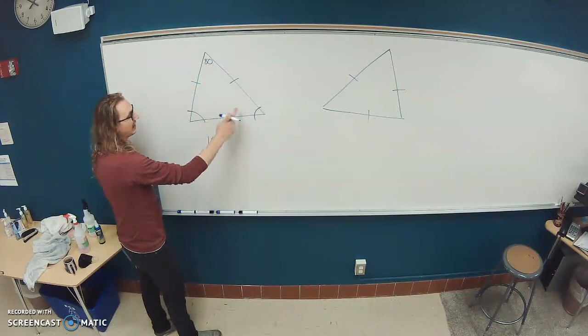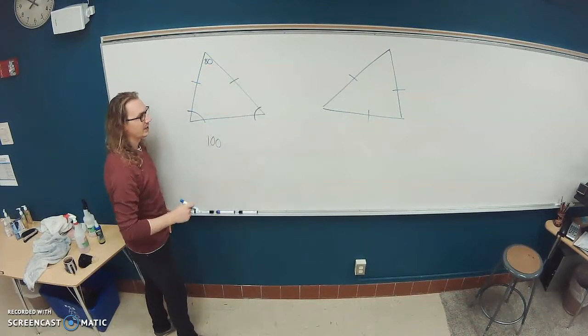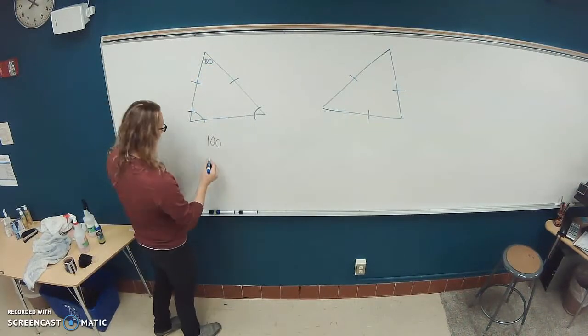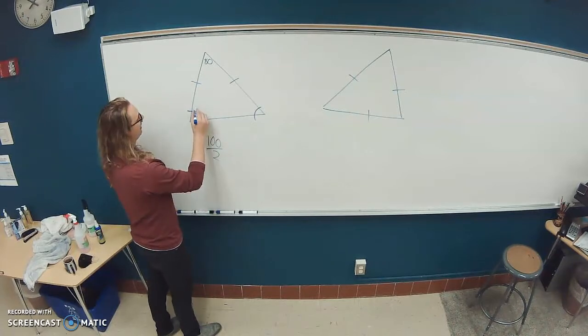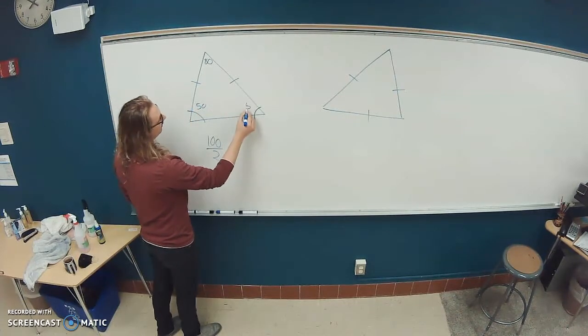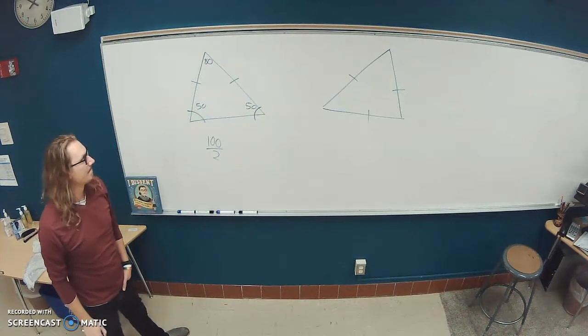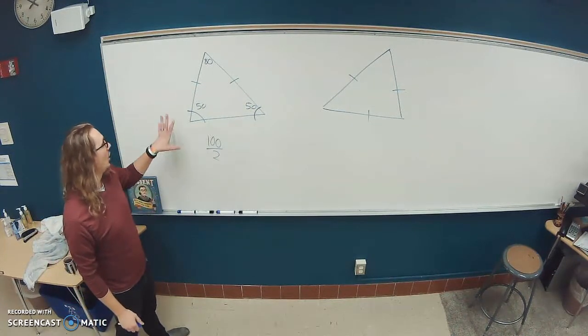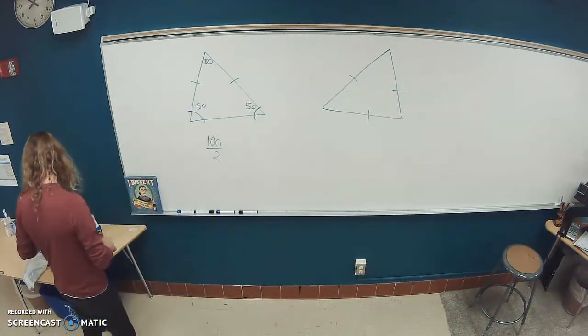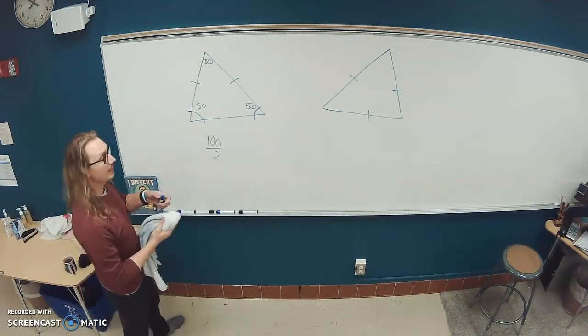So I've got 100 left to distribute between those two. Because they are distributed evenly, I can divide by 2, and both of these will be 50-degree angles.